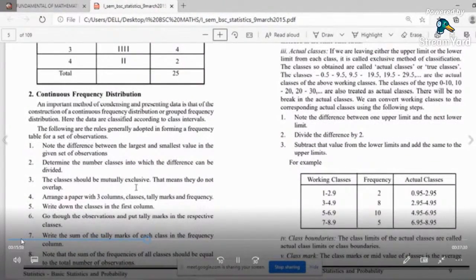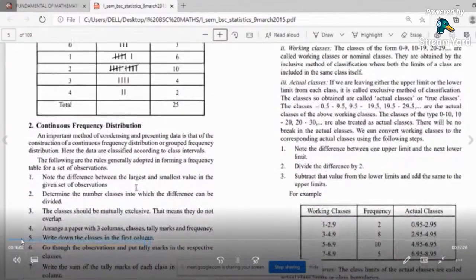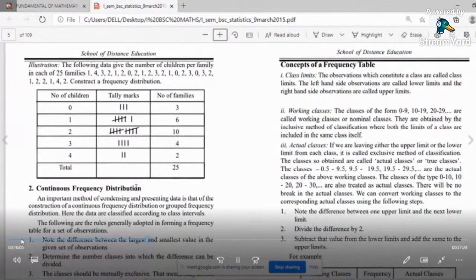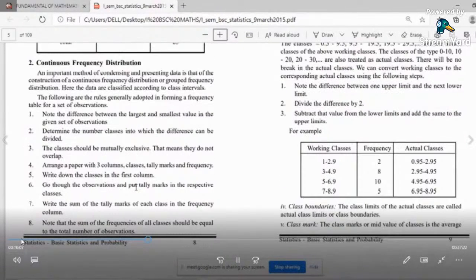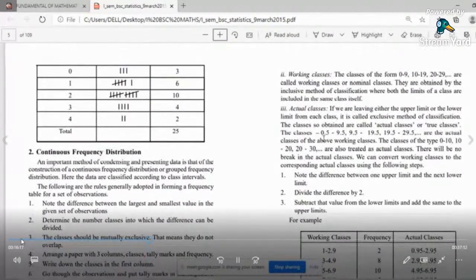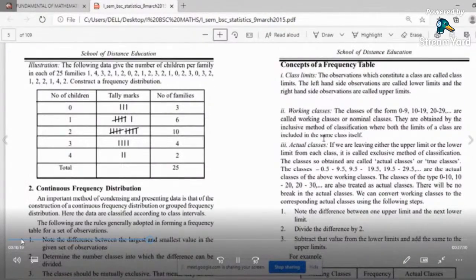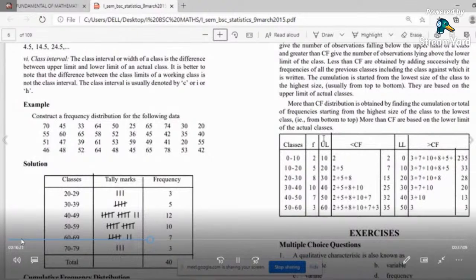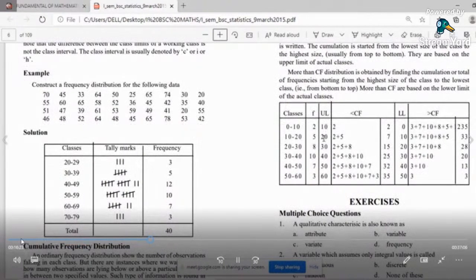Here another example is given for the continuous frequency distribution. You can see some data is given here.